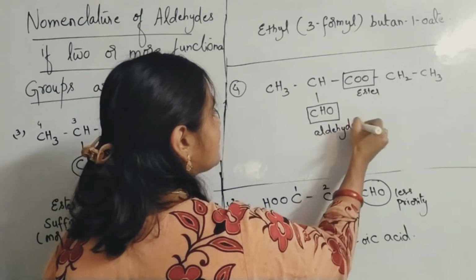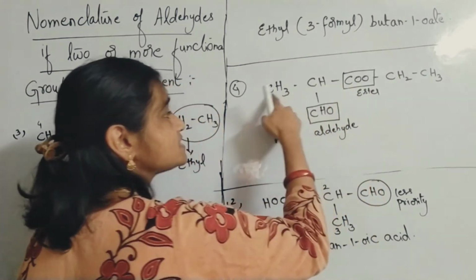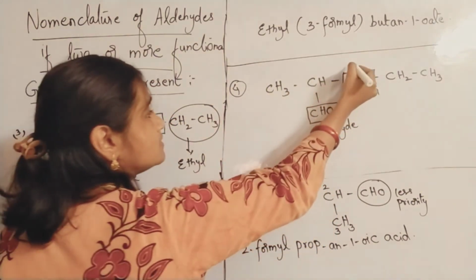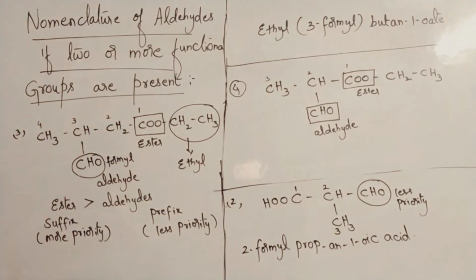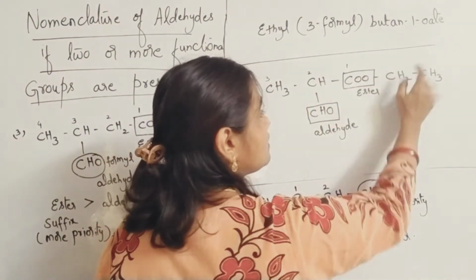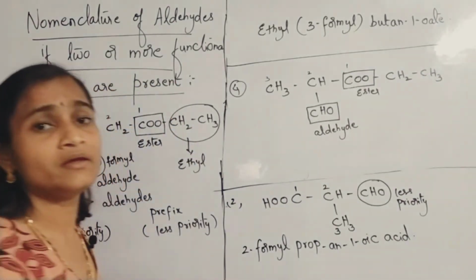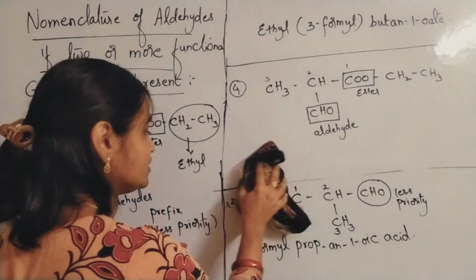This is ester and this is aldehyde. So how many carbon atoms connected to carbon? Carbon 3. So it will be propanoate. And what will be the prefix for this propanoate? 2 carbons are there. So ethyl propanoate, isn't it? What is the name of that compound? Ethyl propanoate.